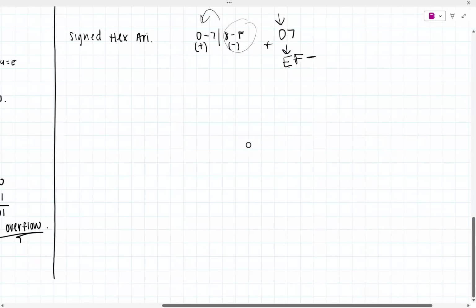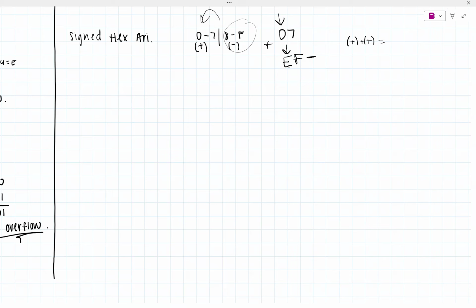So we know that regularly, if we had two positive numbers and we added them together, we would also get a positive number, right? And then we know if we added two negative numbers, we should also get a negative number, right? And then if we had a positive and a negative, well, then it could be either or, right? So there will never be overflow in that situation.